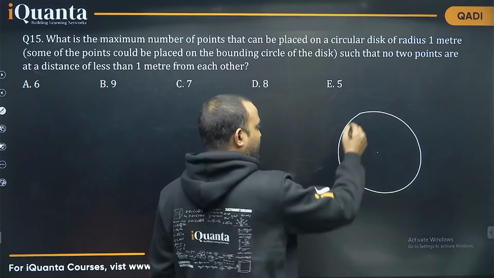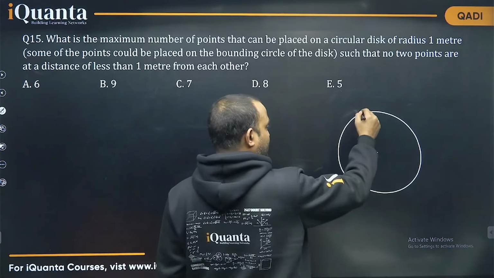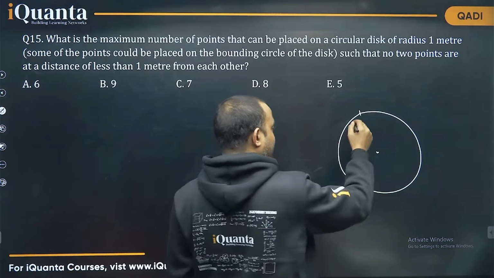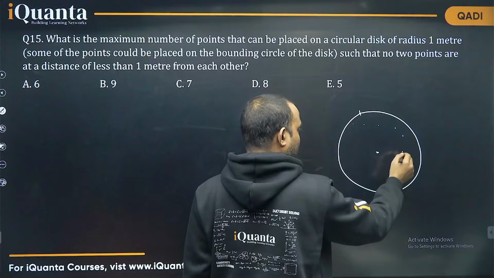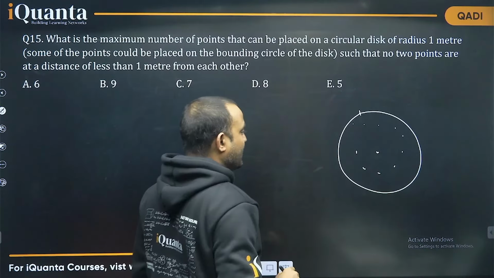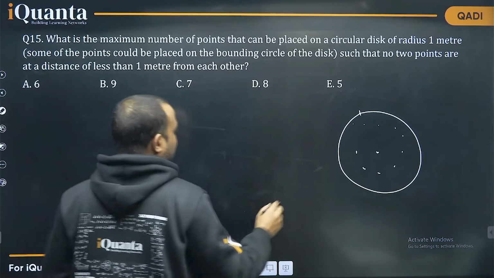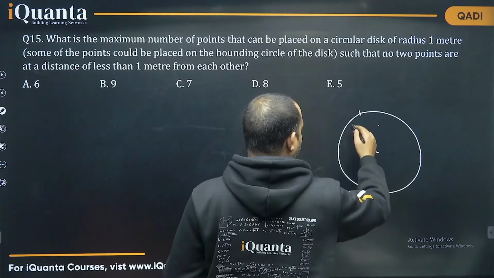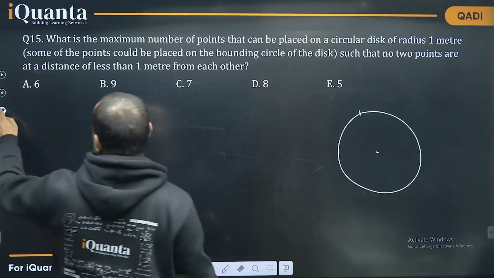If I put a point here and there is a point on the circle, the distance between any point on the circumference and the center will always be 1, correct? So I cannot put any point here, then the distance between them will always be less than 1, the point and the center.